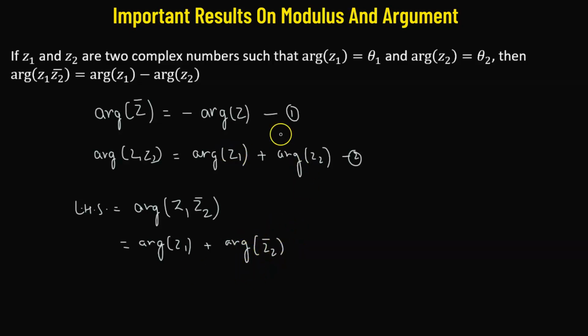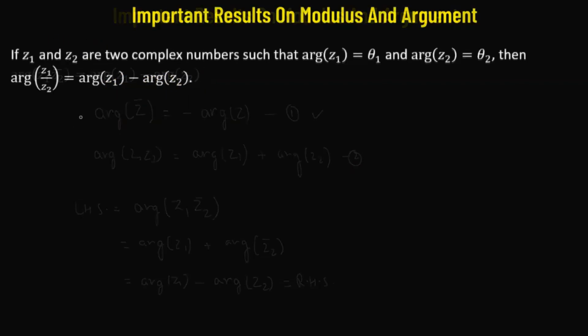Now for the second term, we are going to use result number 1, and this means, since we have the argument of the complex conjugate of z2, this will be equal to negative times the argument of complex number z2, and this is the right hand side. So we have successfully shown that the argument of the product of the complex number z1 and the conjugate of z2 is given by argument of z1 minus argument of z2, hence proved.